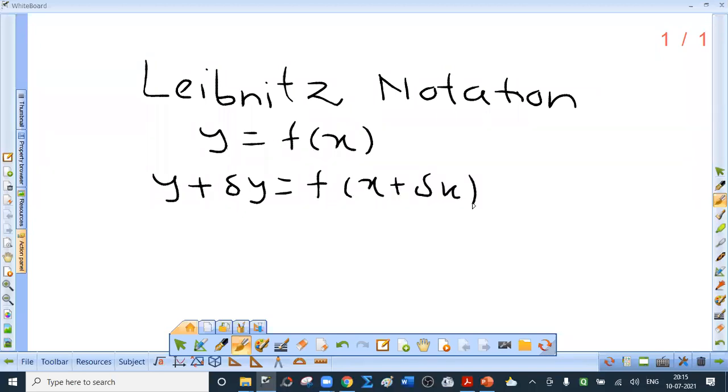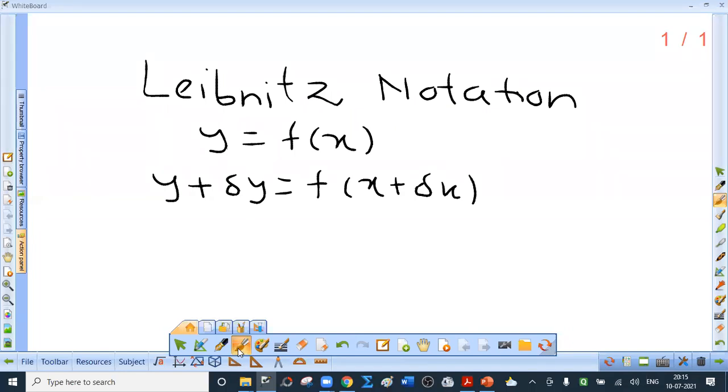This is not at all difficult. See, suppose y is area. Area of a circle is a function of radius. If radius changes, area will also change. And that is what I am saying. Suppose x changes to x plus delta x. As a result, y will change to y plus delta y.